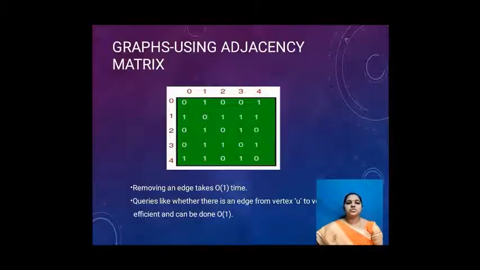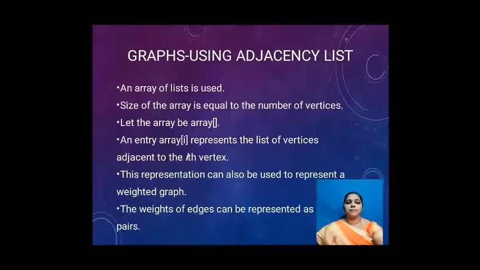In our first row, the values for 1 and 4 are depicted as 1, which means there is a connection between vertex 0 and 1 and 0 and 4. Similarly for the other vertices. Finally, the efficiency of this is order of 1.